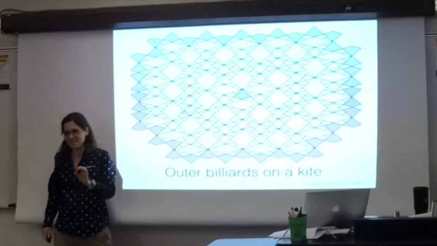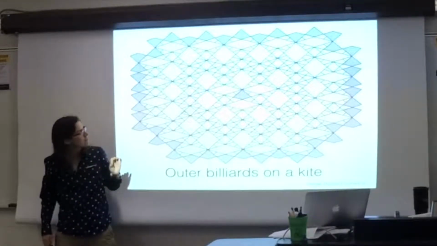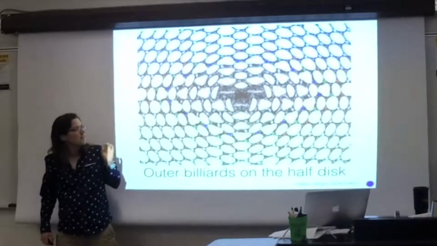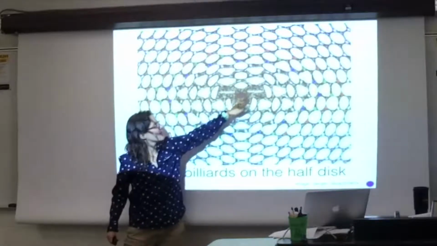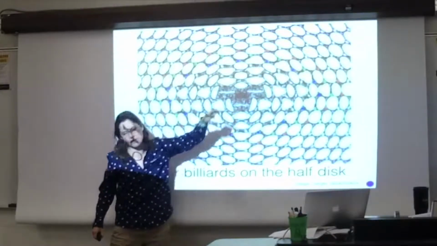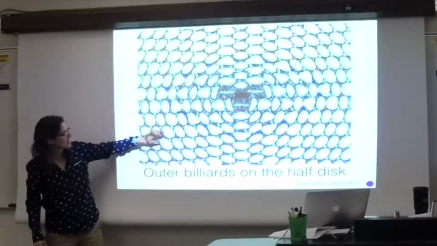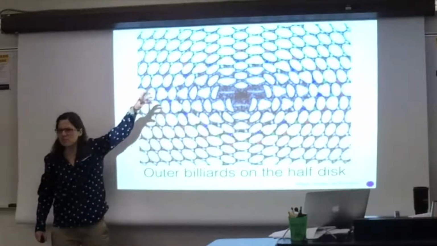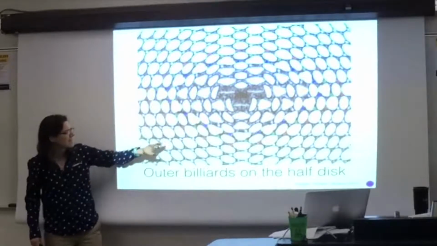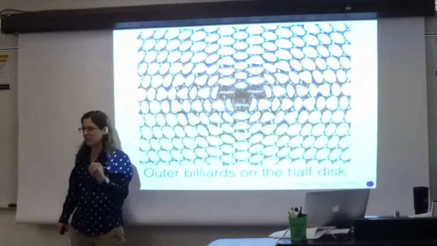Okay, but if you use a weird table, so here's a picture. I apologize for the low resolution of this picture, but there's a half disc here, and so we're doing outer billiards on the half disc. And so in these blobs, I think they're basically necklaces. So the blobs move together, like no big deal. But then in between you have this fractal dust.